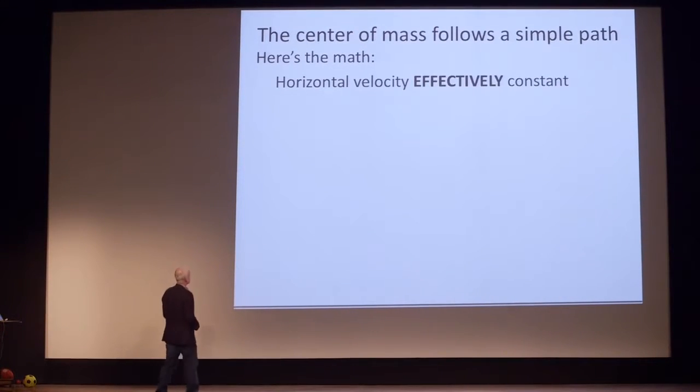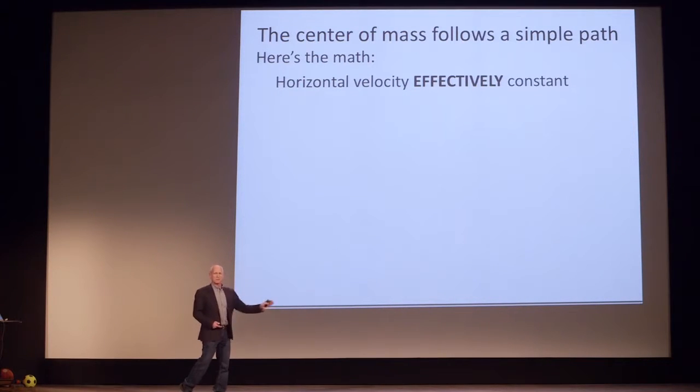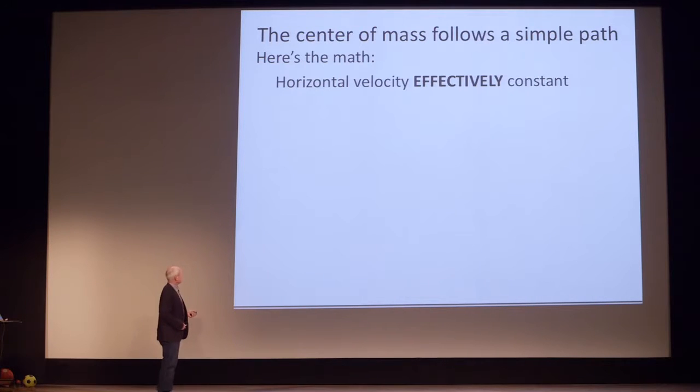All right, so the horizontal velocity, the speed in the horizontal direction, is effectively constant. So that doesn't change, and then this is maybe the simplest formula that I could write down in physics, that the distance increases with time, and we call this the proportionality, and this is the velocity.